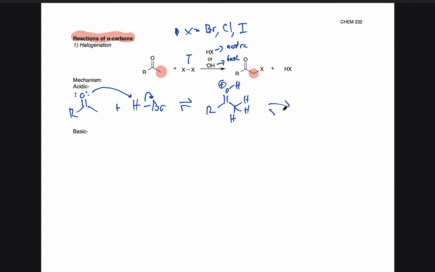And then we go through this tautomerization, and I'll show the mechanism briefly, where we have some sort of base grabbing one of these protons to go from the keto form to the enol form.